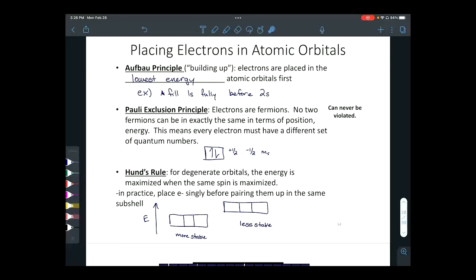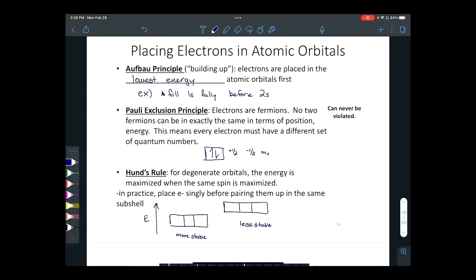If we had 2 electrons that were both spin up in the same orbital, like 1s, and we tried to name the quantum numbers for those 2 electrons, they would be exactly the same. Pauli's exclusion principle says that can't happen. That's why we have that MS quantum number.